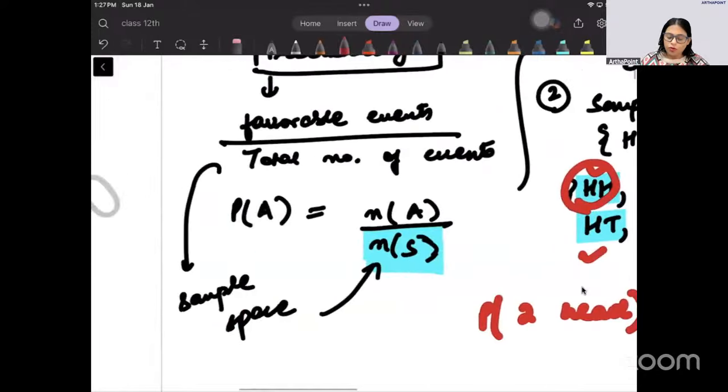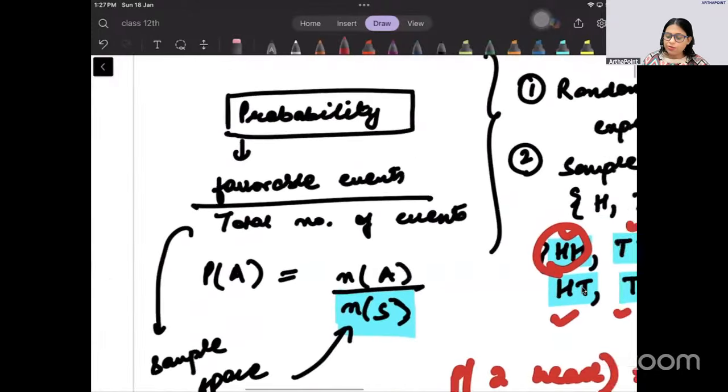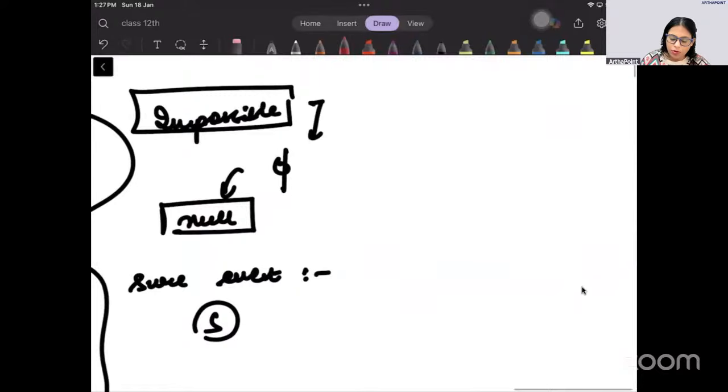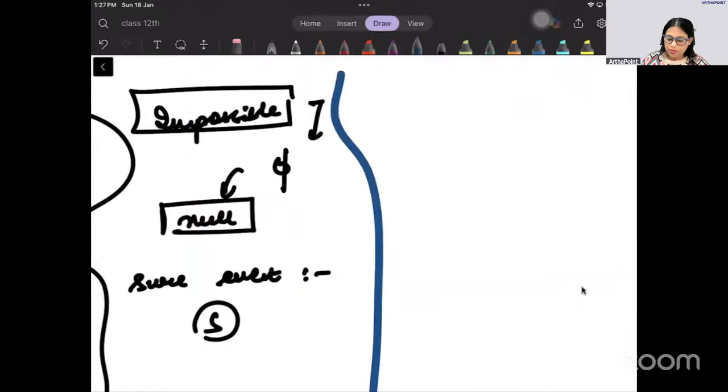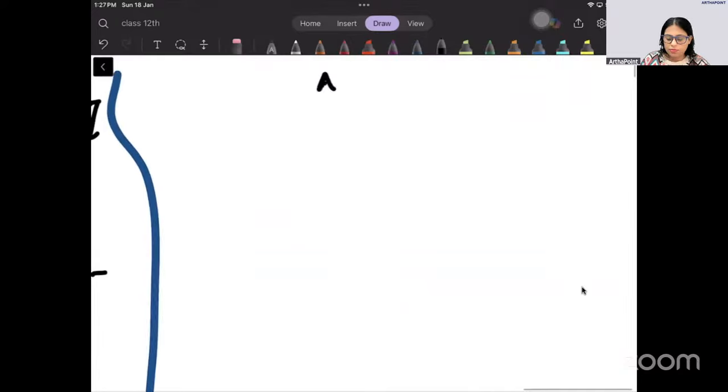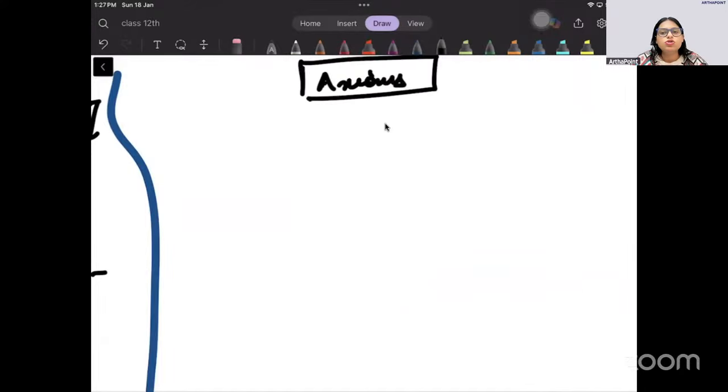Now, post this, we need to know what the axioms related to probability are. The first is very basic: probability cannot be negative.